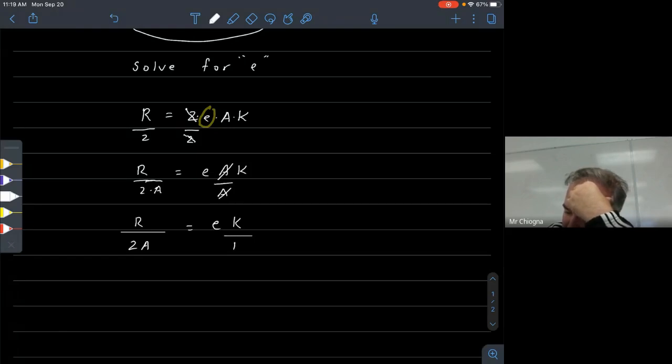Divide the right side by K because I want to isolate, solve for the E. Whatever you do on the right, do the same thing on the left. Make sure that this line underneath the R is extended. K cancels out on the right.